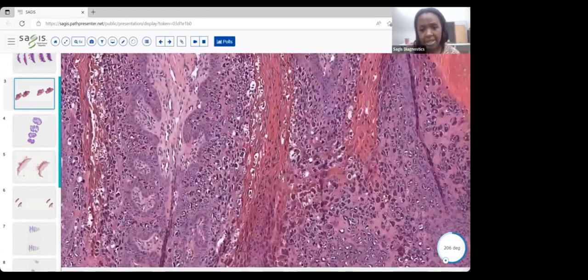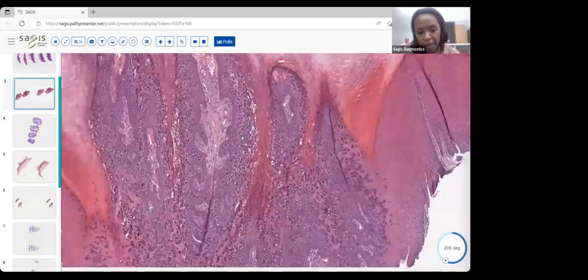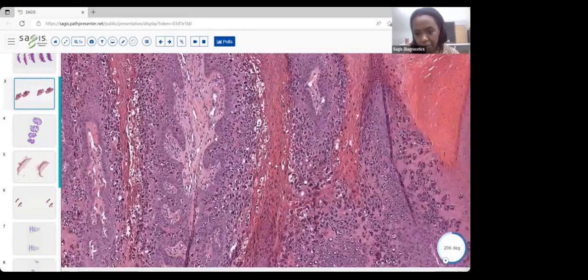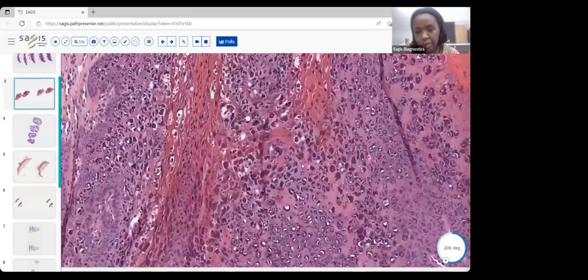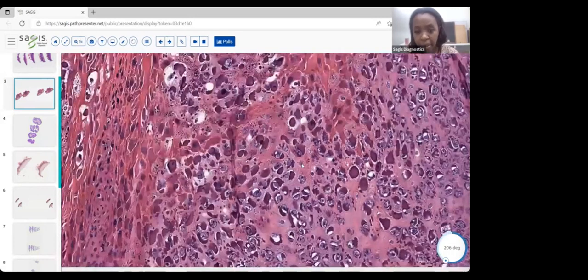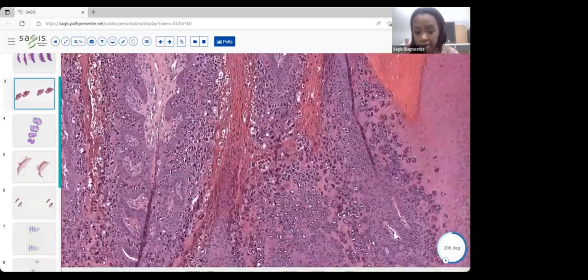The keratinocytes, I would say, are a bit variable in size and shape here. And again, this is reflective of the variability of the inclusions in them. Some of them are really quite large and the inclusions are eosinophilic. Some of them are a little smaller. Maybe the inclusions are a little bit more basophilic.